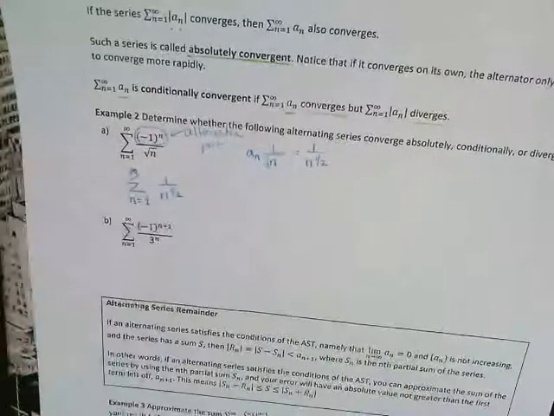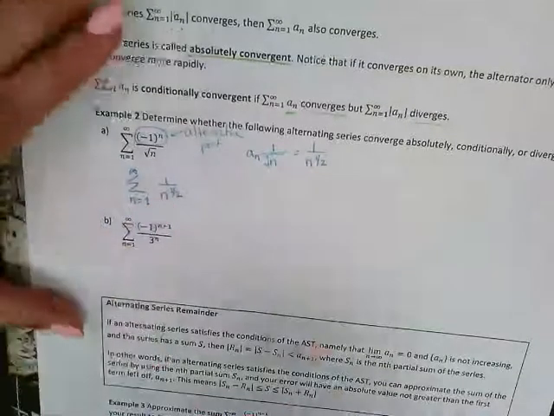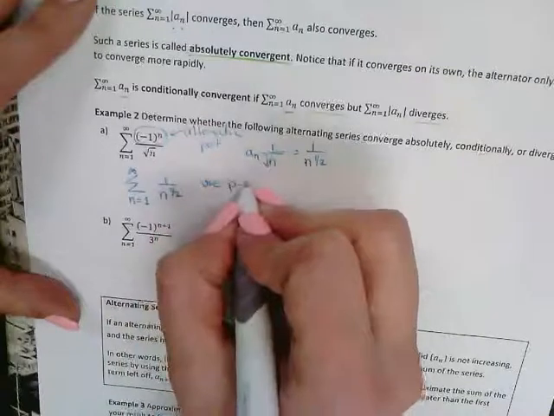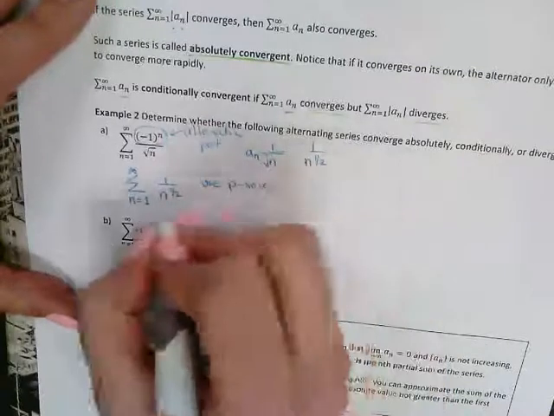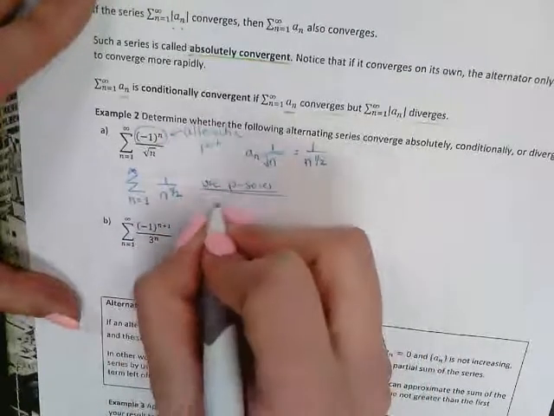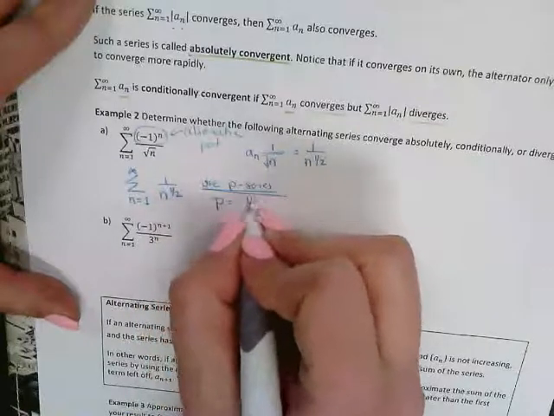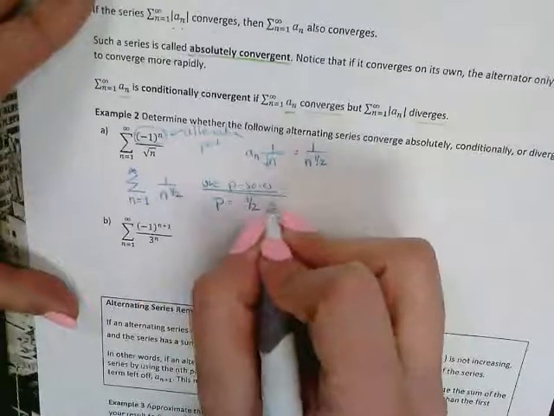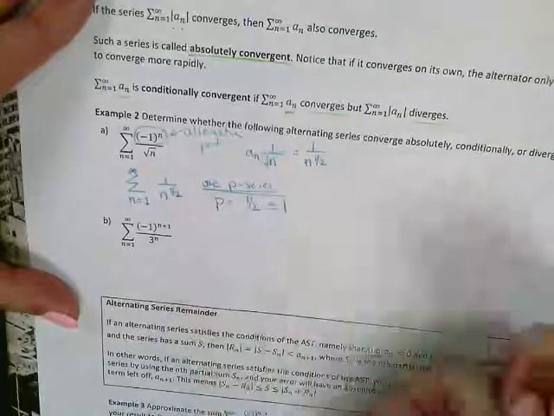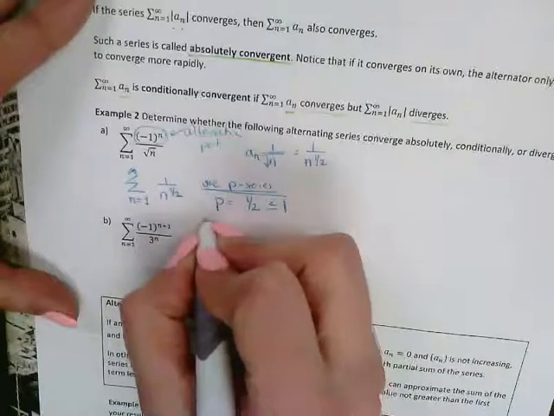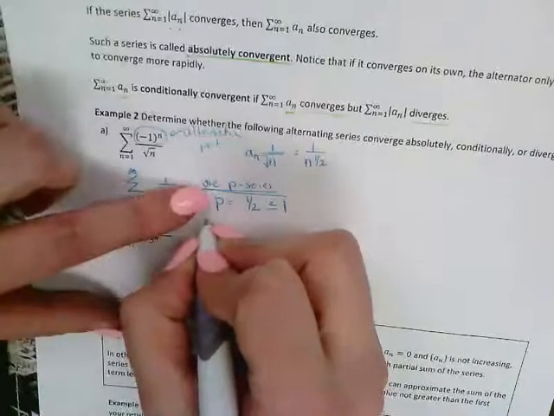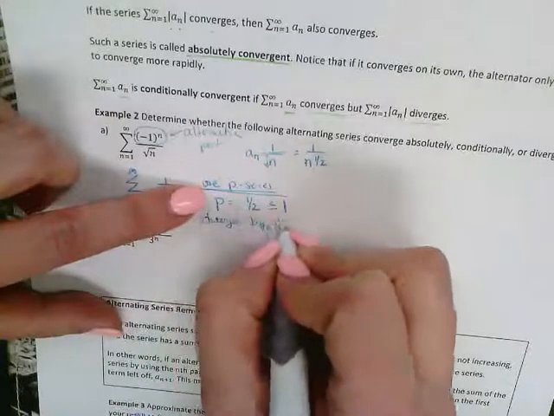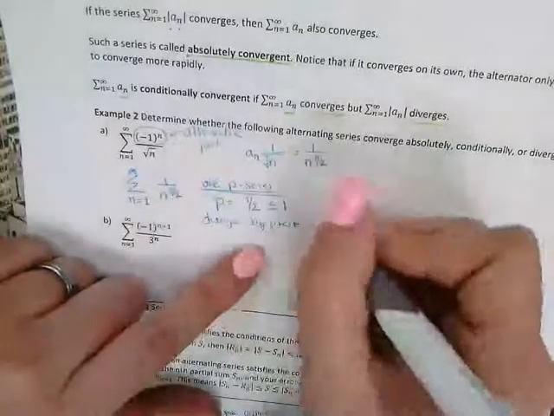What test would you use to test that series? Okay, if you said the p-series test, you are correct. So we're going to use the p-series. What is my p here? It's 1/2. And since 1/2 is less than or equal to 1, we know that using the p-series test, it diverges, right?